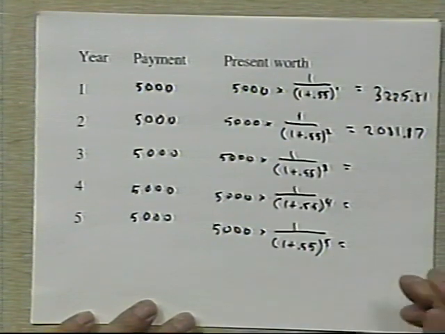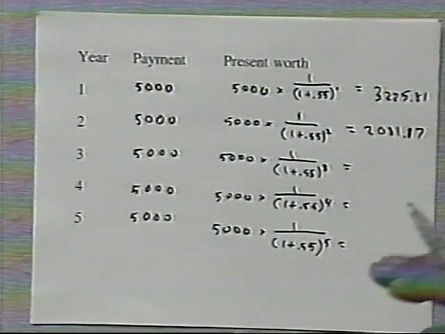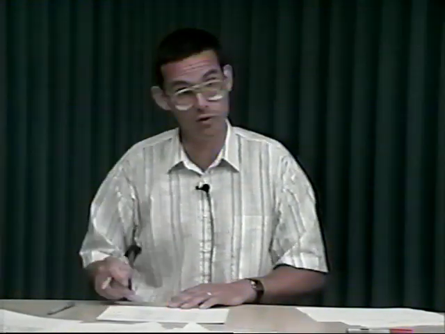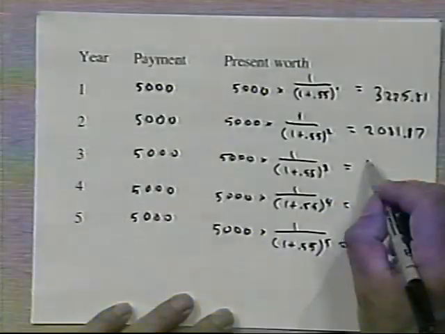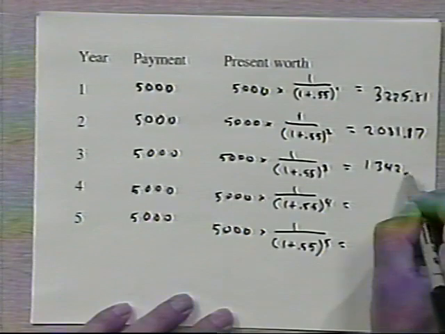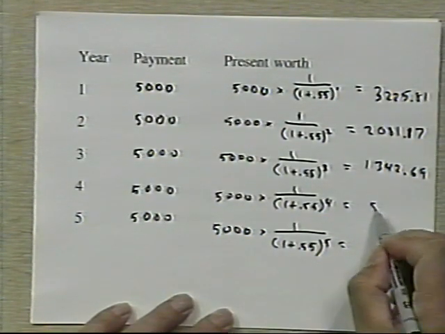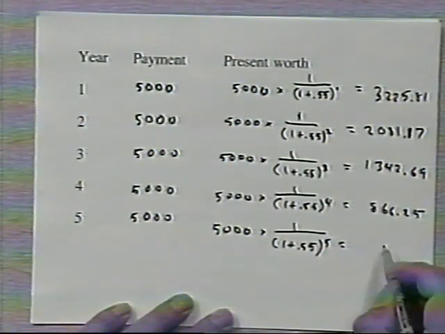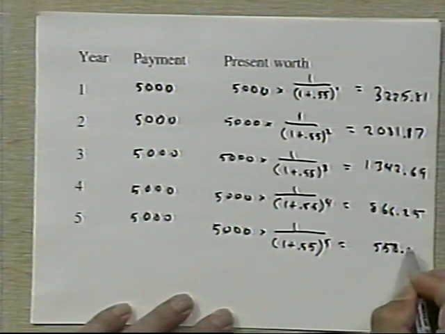And the amounts that these future savings would be equivalent to in today's dollars would be diminished the further in time in the future you go. So we've got $1,342 for the savings in 3 years, $866.25, and $558.87.